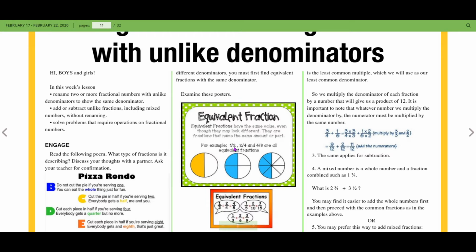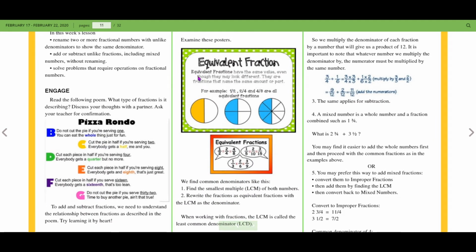Examine the poster. Equivalent fractions have the same value even though they may look different. They are fractions that name the same amount or part.